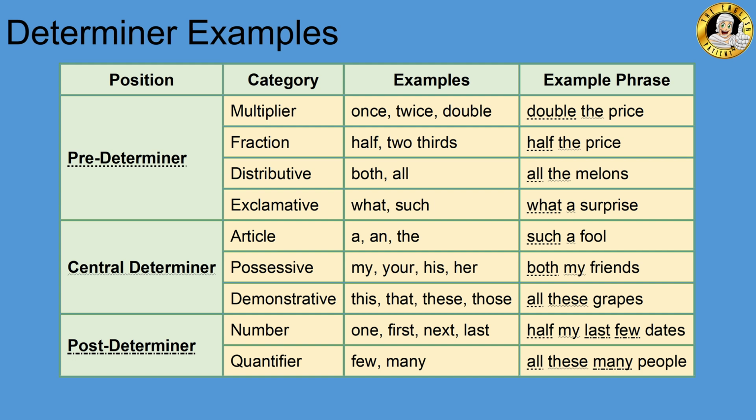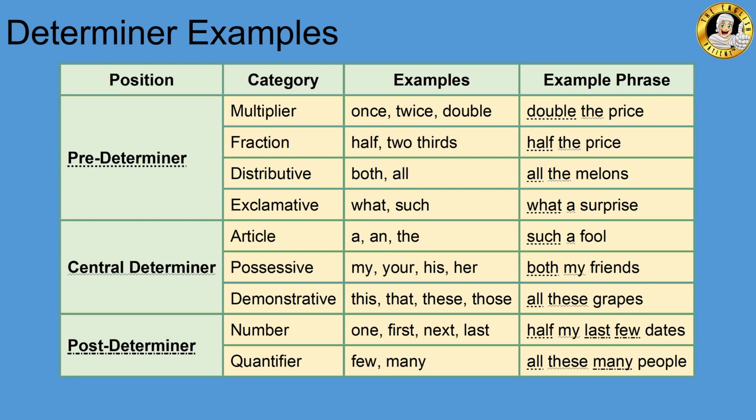So the predeterminer before the central determiner the, and then the head noun price. Also fractions, half or two thirds, half the price. Distributives, both or all. For example, all the melons. Exclamatives, what and such. For example, what a surprise.